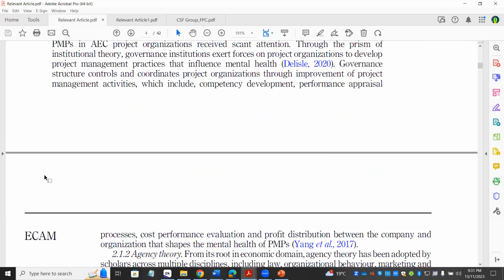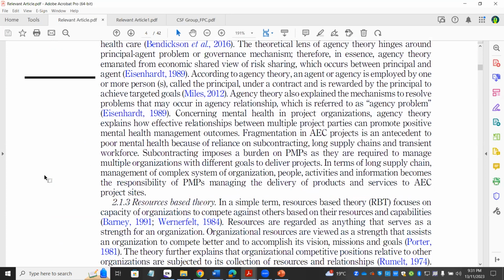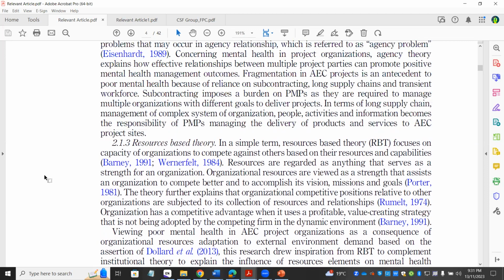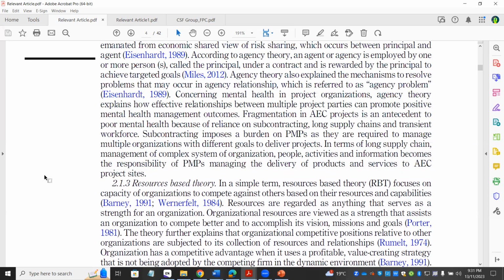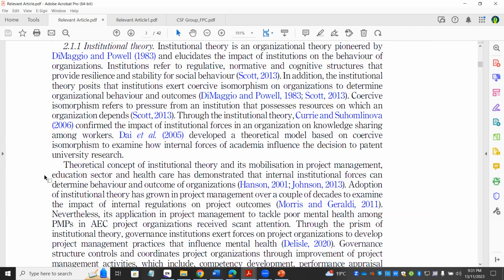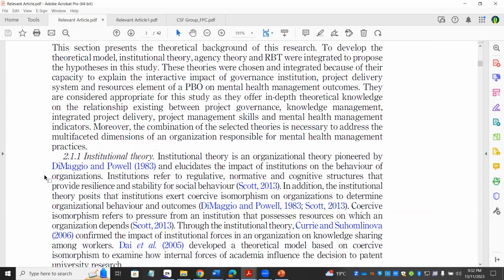But one thing about what this researcher did was that he didn't continue to extract the hypotheses from these theories. He presented three theories: resource-based theory, agency theory, and institutional theory. But the hypotheses were not drawn from here.